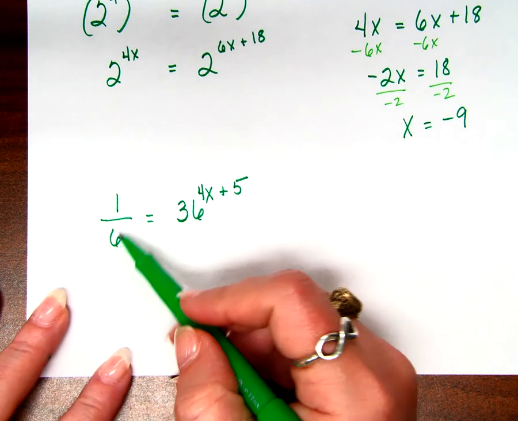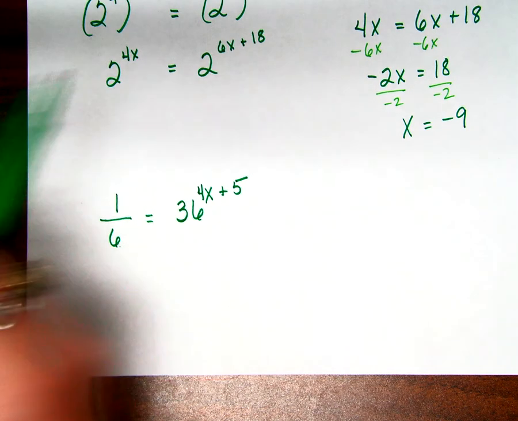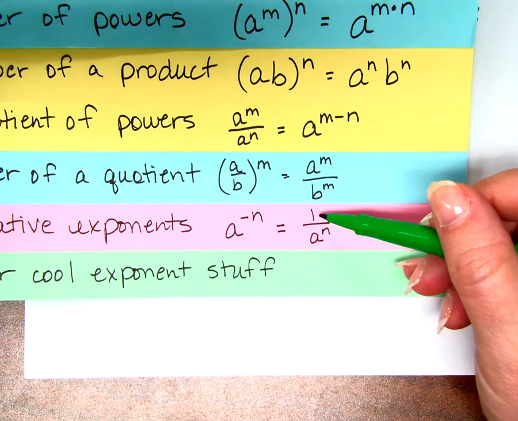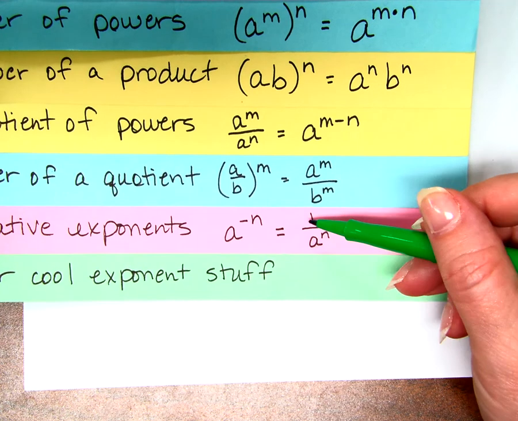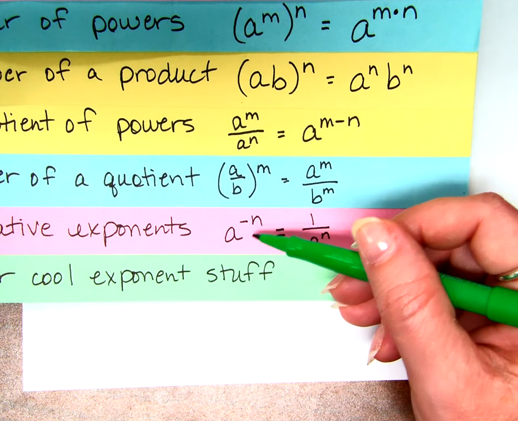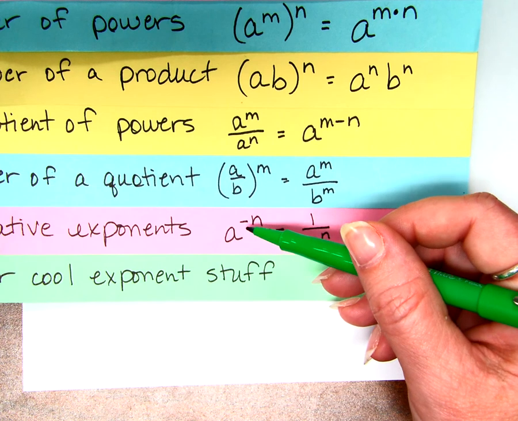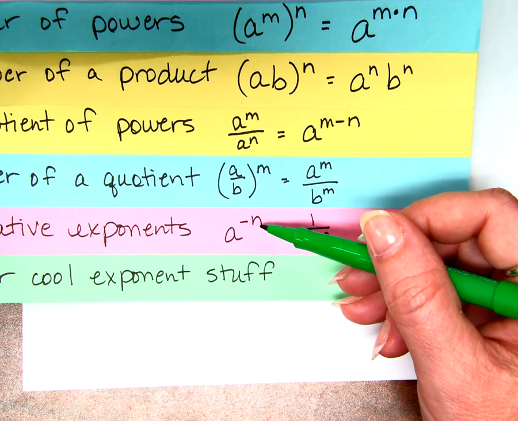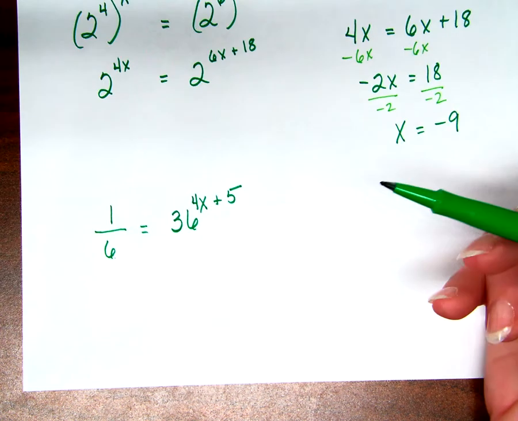6 to what power is 1 over 6? 1 over 6. Isn't that really 1 over 6 to the first power? So how do I rewrite that? 6 to the negative 1. Okay?